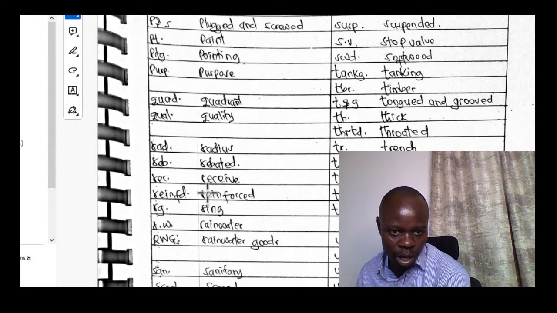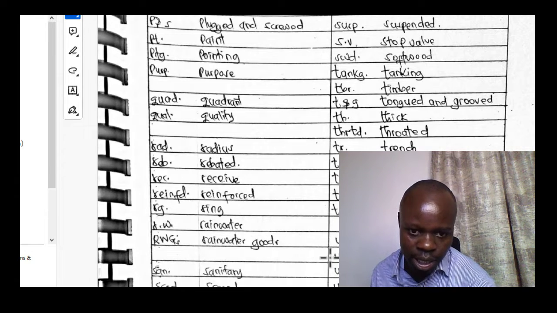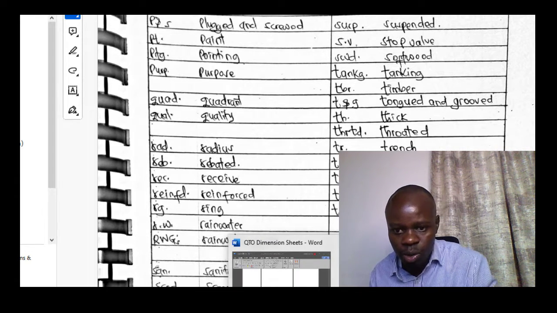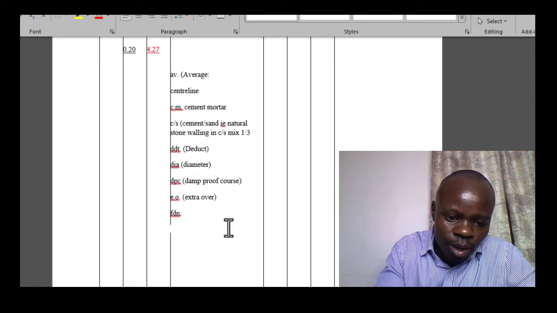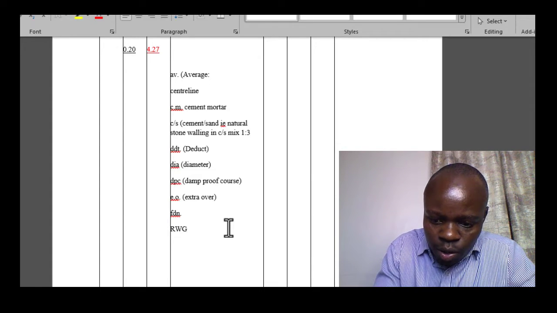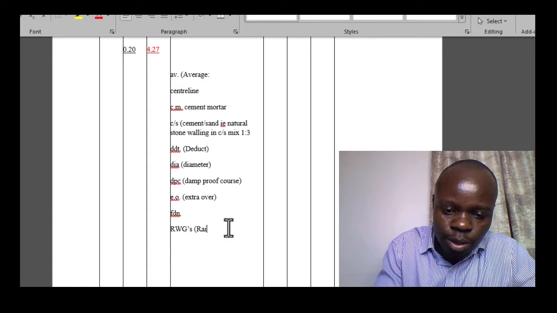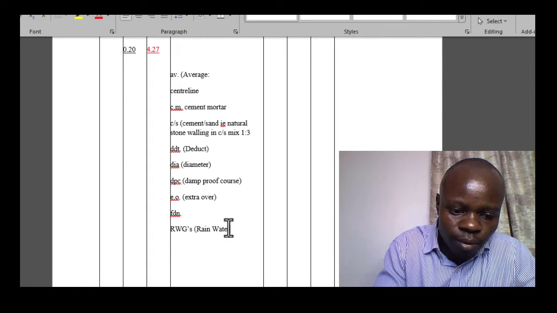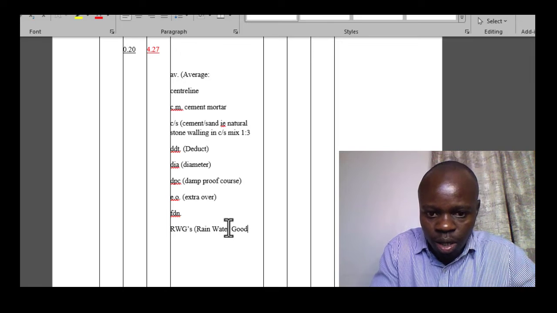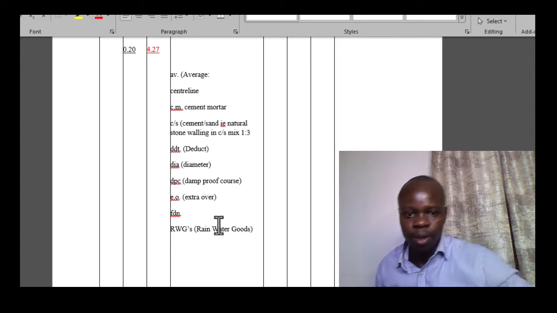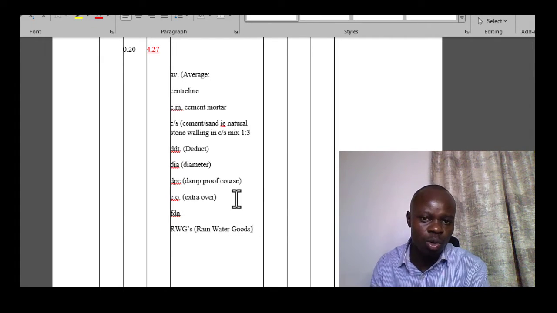Another common one is RWGs, rainwater goods. Okay, that's also another common one that you will find as we'll be covering this. So these are rainwater goods. What do they stand for?